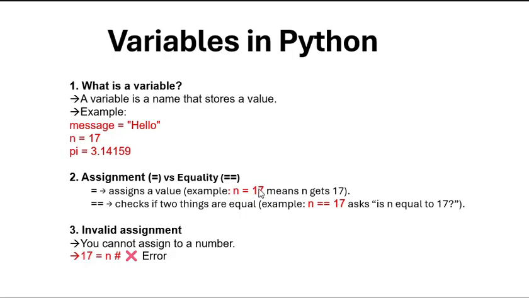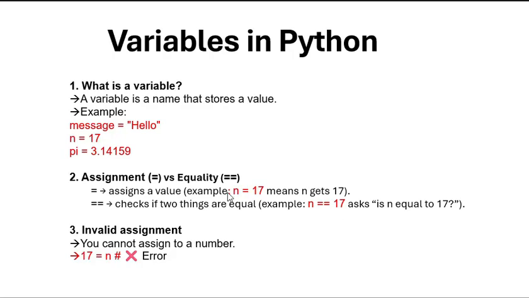Very clear? Very simple, right? Here, equality checks if two things are equal. For example, if I take n equal to 17, it will check whether n is equal to 17.